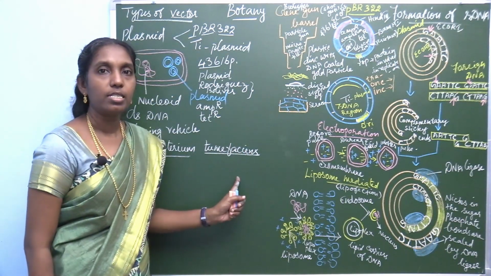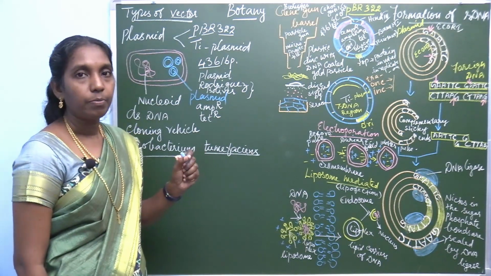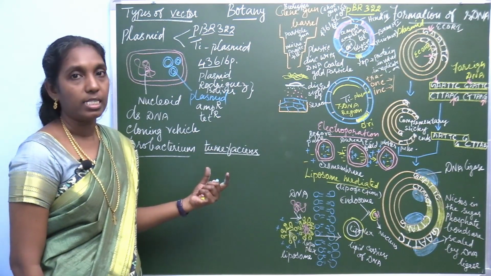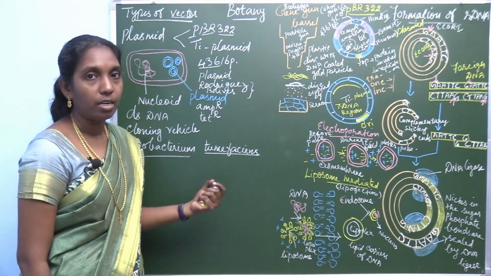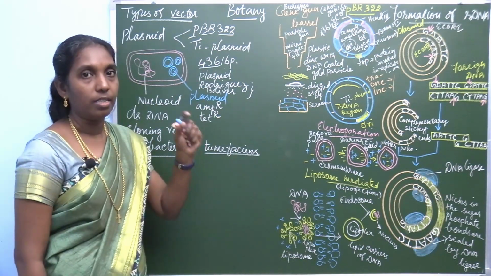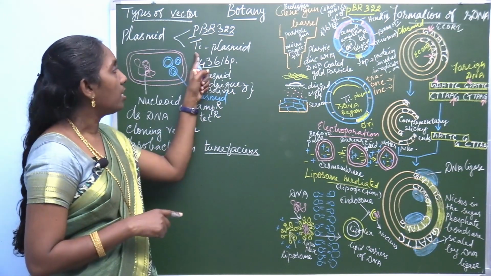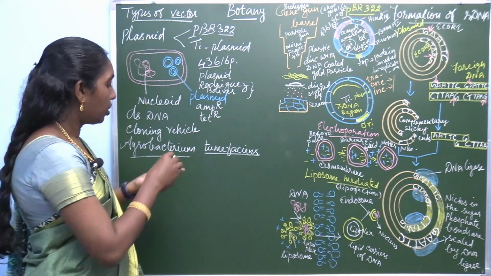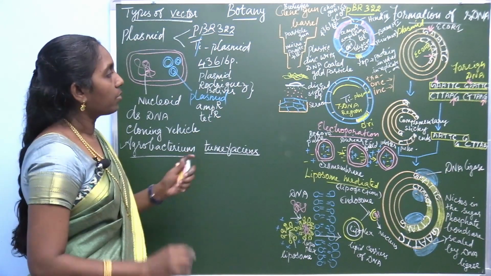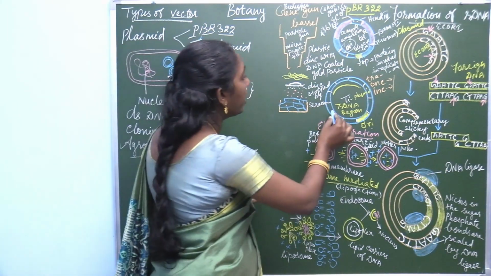Agrobacterium tumefaciens is the bacterium which induces crown gall disease, inducing tumors in most dicot plants. The Ti plasmid is the tumor inducing plasmid. In the diagram of the Ti plasmid, it contains a T-DNA region.